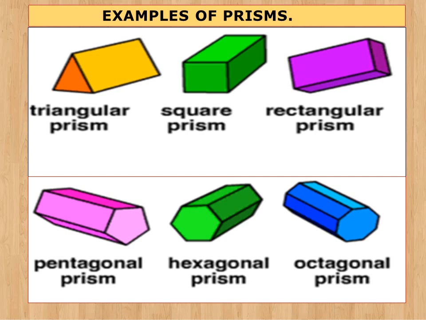We also have the blue one that has an octagonal cross-section. Dear learner, do you remember an octagon has got how many sides? Then, if the cross-section of a prism is an octagon, then it forms an octagonal prism.